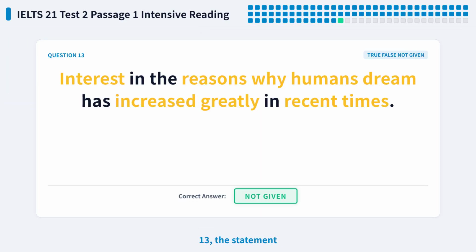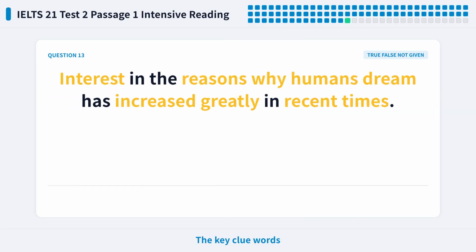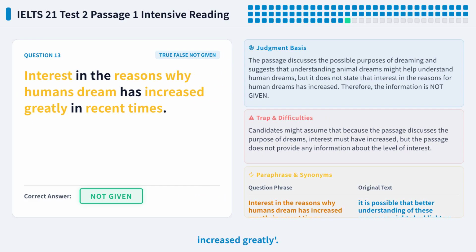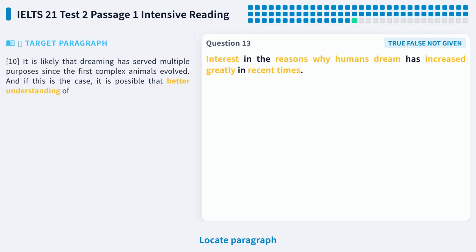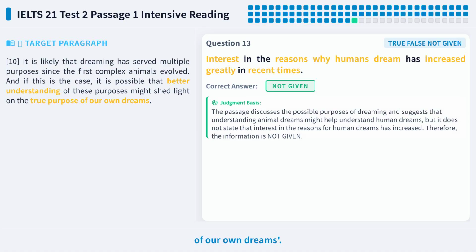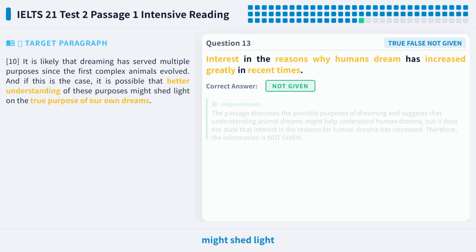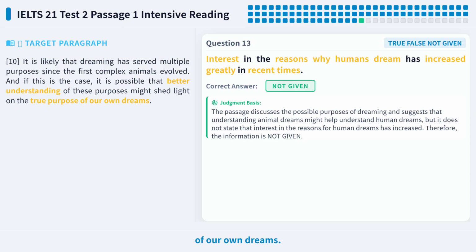Let's look at question 13. The statement says that interest in why humans dream has increased greatly in recent times. The key clue words are interest has increased greatly. Locate paragraph 10. The scanning landmark is true purpose of our own dreams. The text says, better understanding of these purposes might shed light on the true purpose of our own dreams.